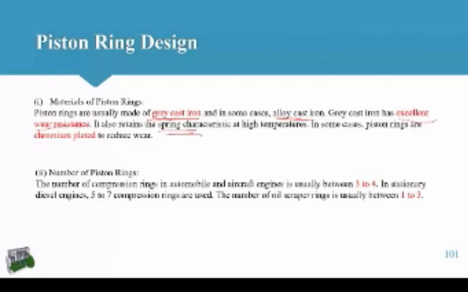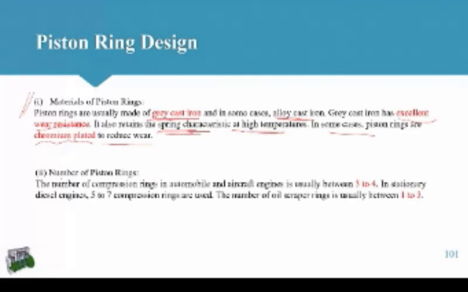That is why, at high temperature, they should retain the spring characteristics, because they should be able to contract and expand during assembling and dismantling of the ring onto the piston. And in some cases, these are also chrome plated in order to reduce wear. This was about the selection of the material.